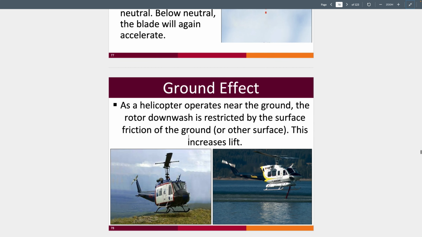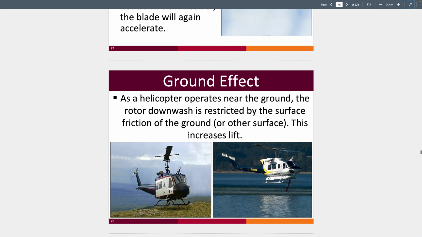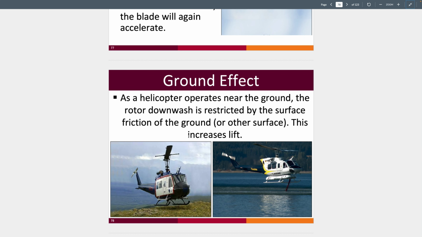The next phenomenon I want to talk about is ground effect. We discussed ground effect in class, and I think the example we use is that pillow effect. You may have seen birds that love to coast right above the water. Some of the downwash from their wings produces, let's call it, bonus lift.